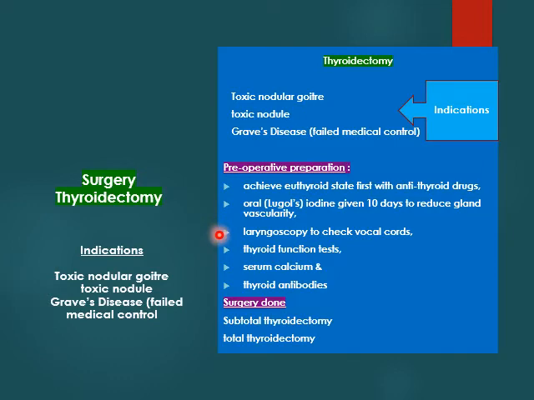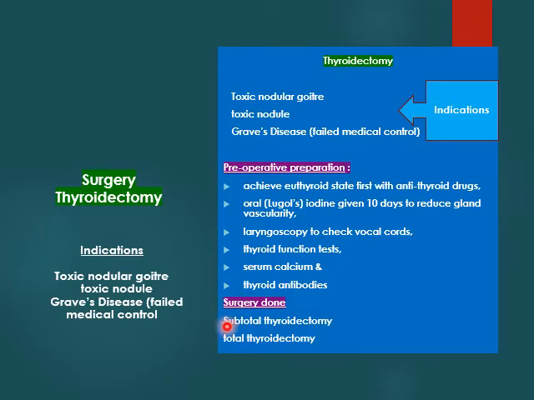These patients have to be referred to ENT preoperatively for laryngoscopy to check the vocal cords. Thyroid function tests must be done, serum calcium, and thyroid autoantibodies. These must all be done preoperatively to make the patient ideal for surgery.